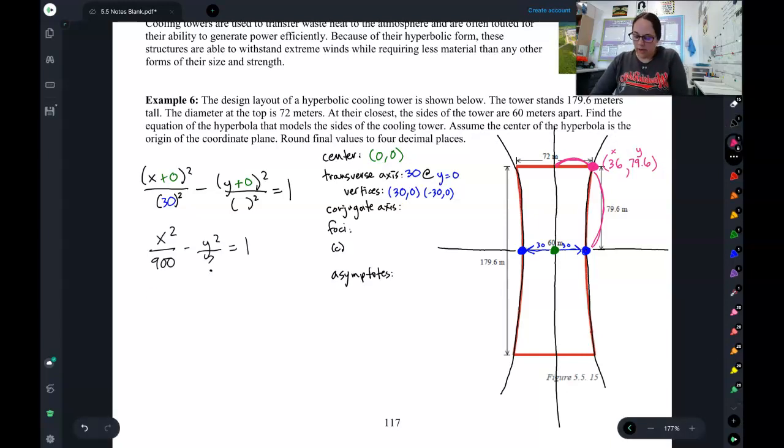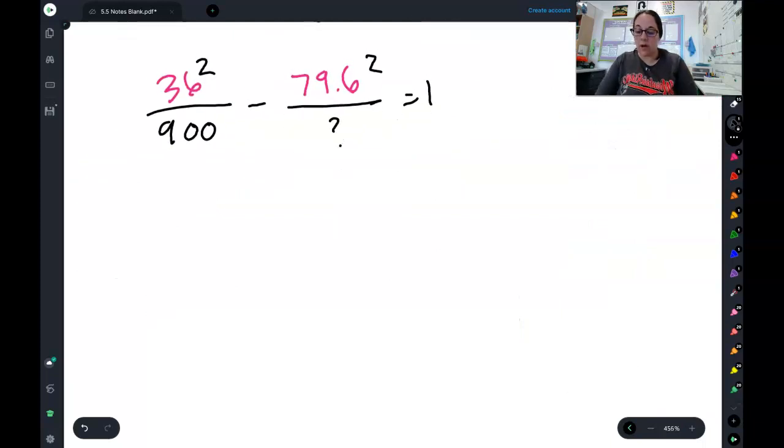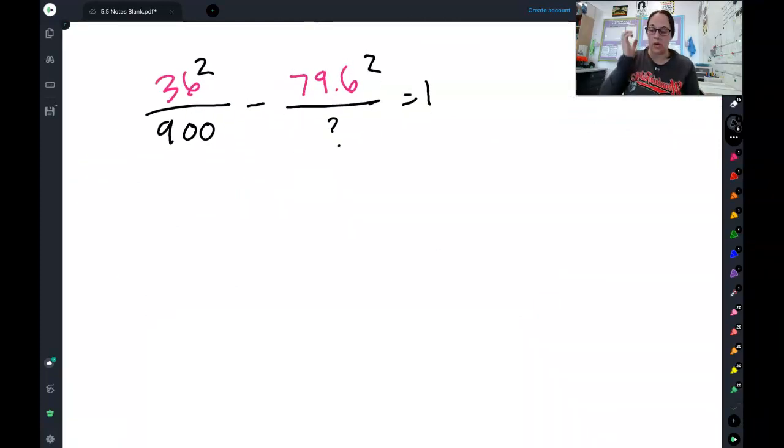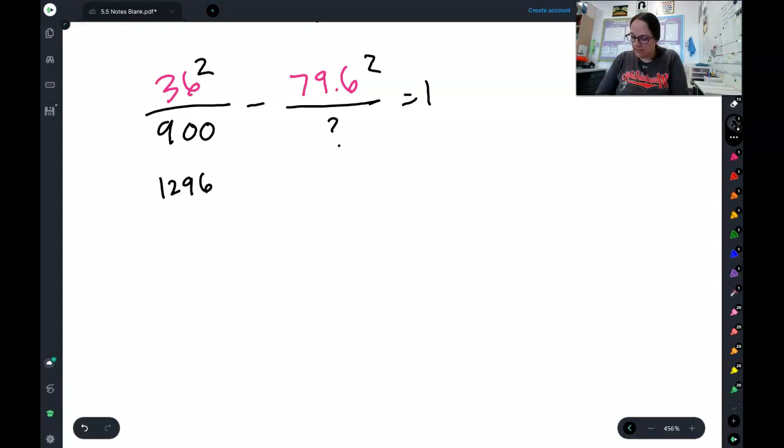So we're going to plug 36 in for x and 79.6 in for y. And then I'm going to zoom in here so that we can solve for our question mark. And that's going to give us our conjugate axis. So 36 squared over 900, so that's going to be 1296 over 900. Minus 79.6 squared, which is 6336.16, over my question mark.